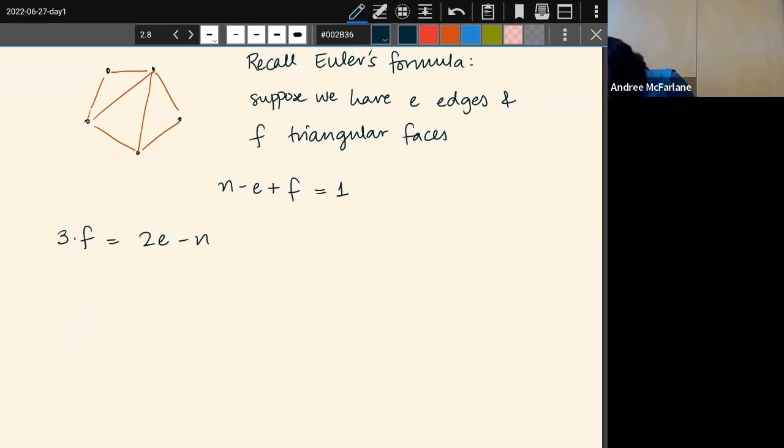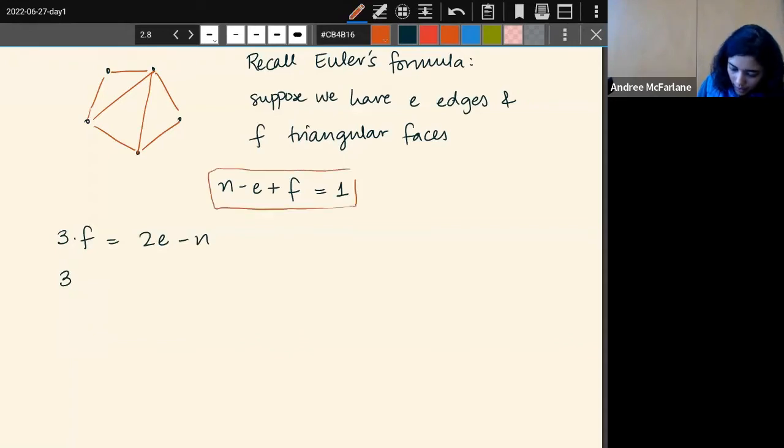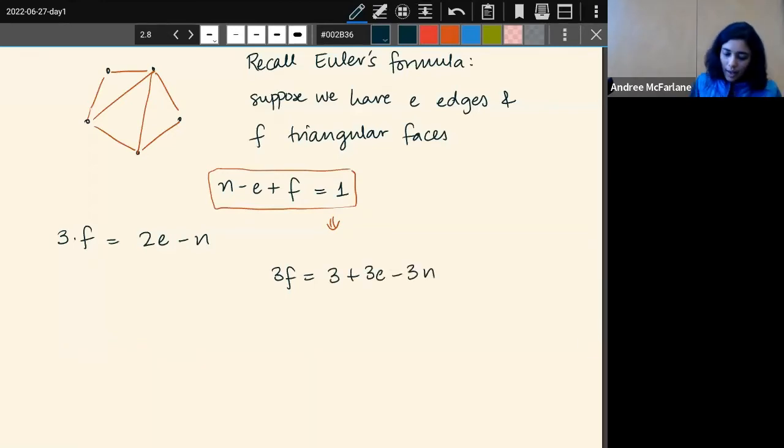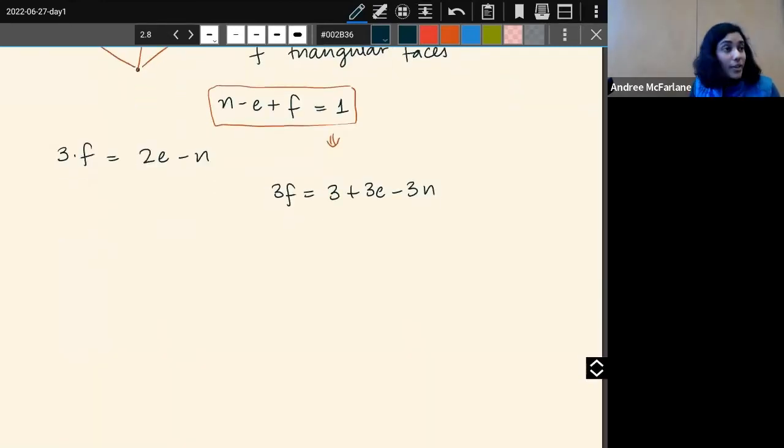Now, I hope I got that right. I've made notes for myself just in case, because it's hard to do these things live. Okay, so I have n minus e plus f equals 1, and 3f is 2e minus n. So this gives me that 3f is 3 plus 3e minus 3n. And so that produces a formula for the number of edges.